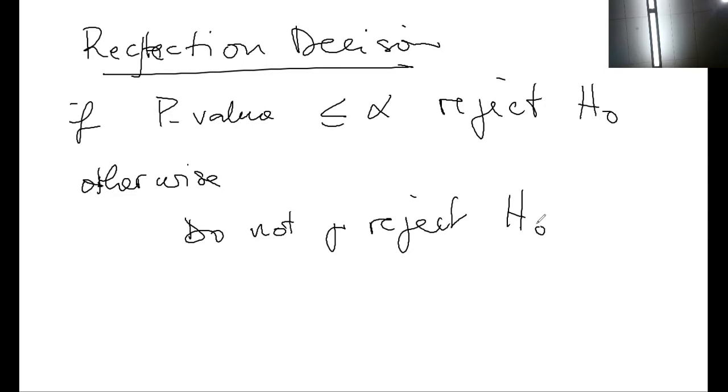So remember that when the p-value is small, it shrinks the test value into the rejection region. So it's for p less than alpha that we can say we are sure that this sample is contradicting the status quo on H0.